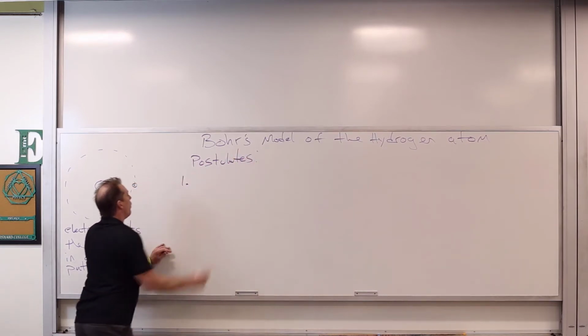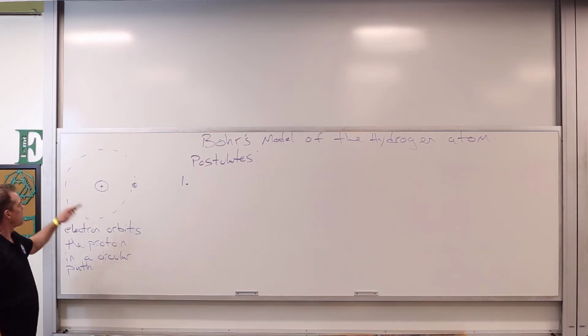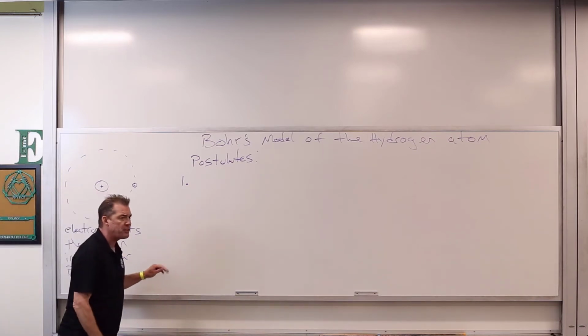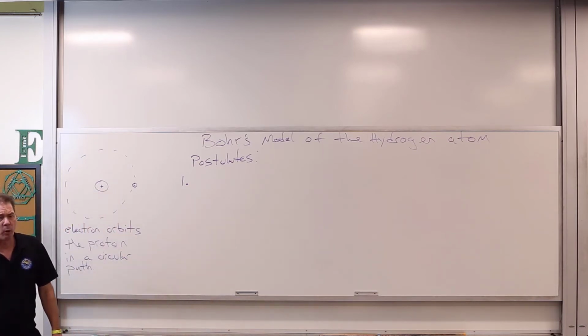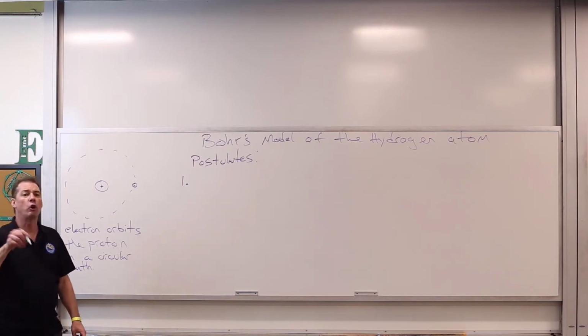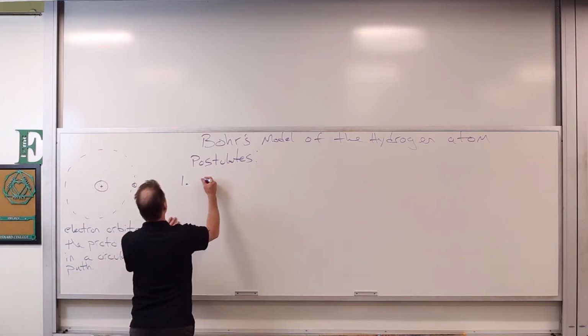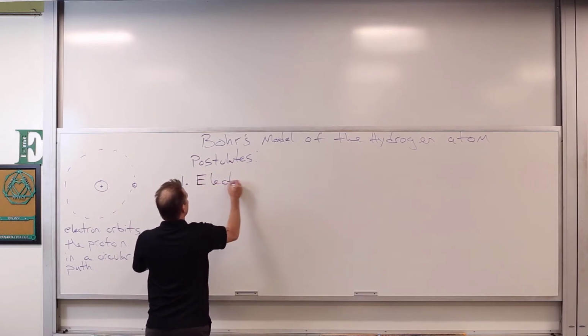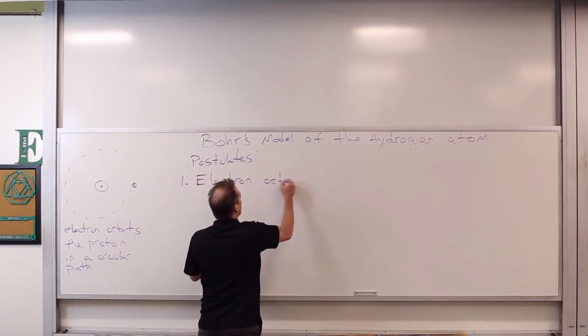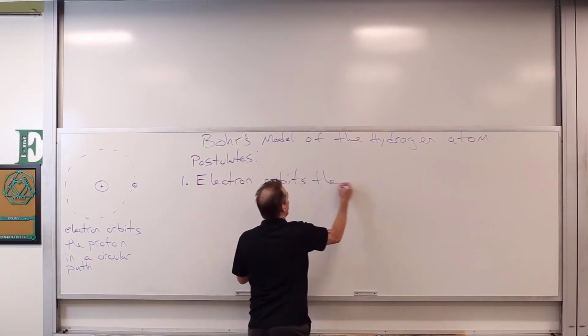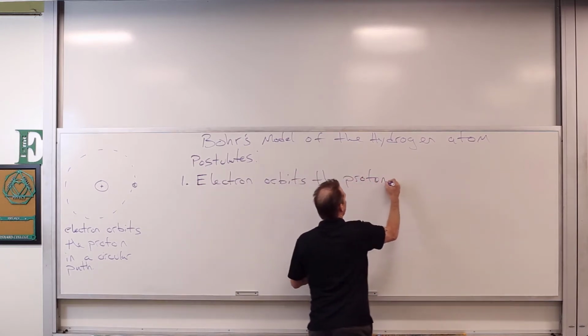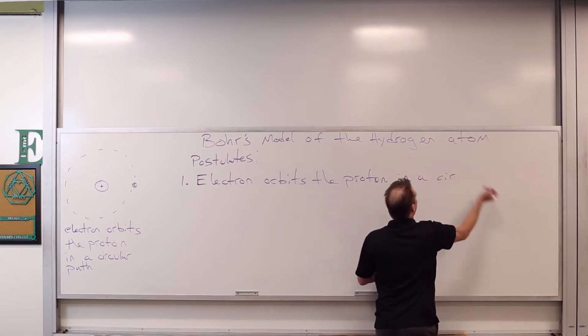So, the postulates here. We have that the electron orbits the proton in circular paths, and the centripetal force is produced by the Coulomb force of interaction. So I'll just write it again. Electron orbits proton in a circular path.